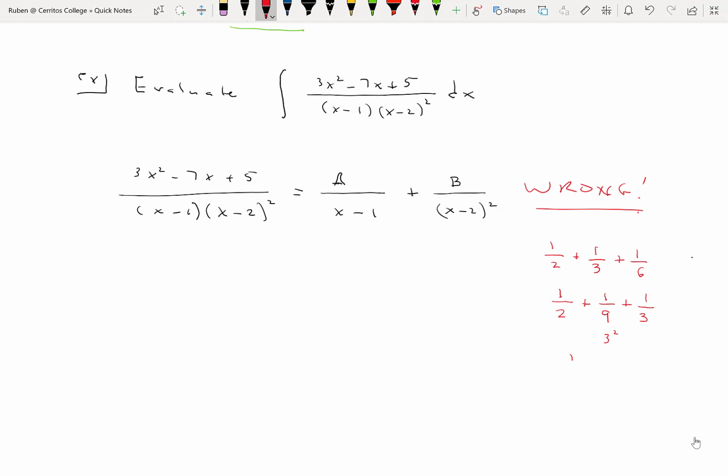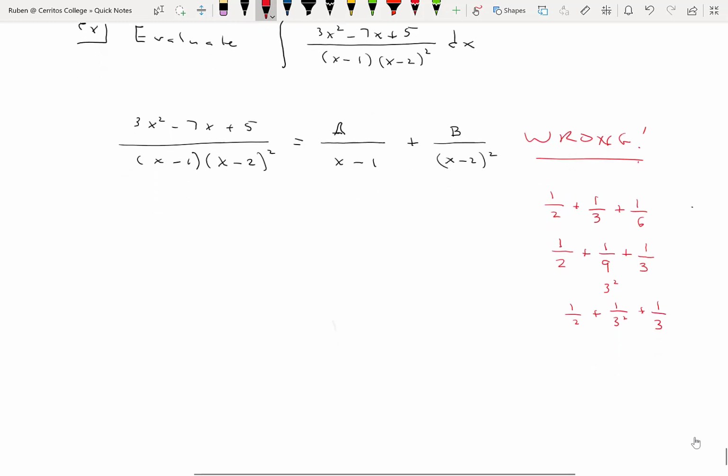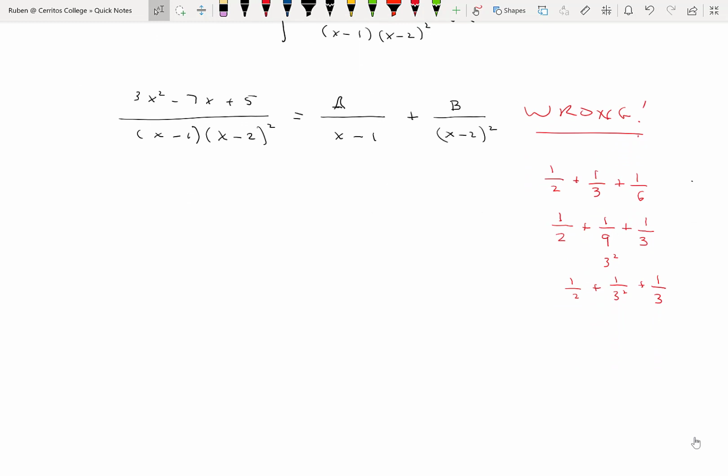So our original fraction, 1/2 plus 1 over 3 squared plus 1 over 3, has a least common denominator of 18. If I had just looked at the first two fractions, the least common denominator would be 18. If I add the extra 1/3, it is still 18.